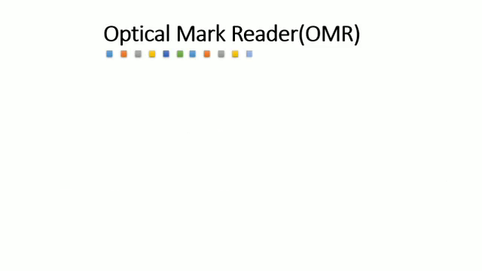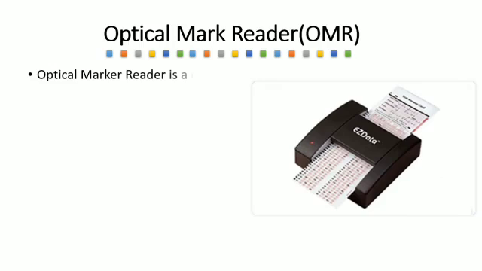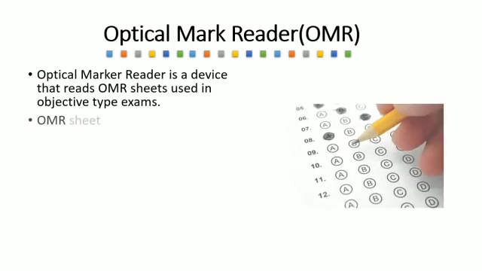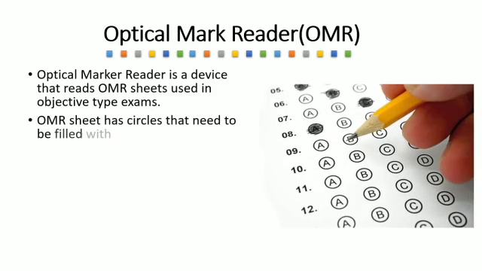Now the next one is the optical marker reader, OMR. OMR is a device that reads OMR sheets in objective type exams. I think you have given objective type exams.